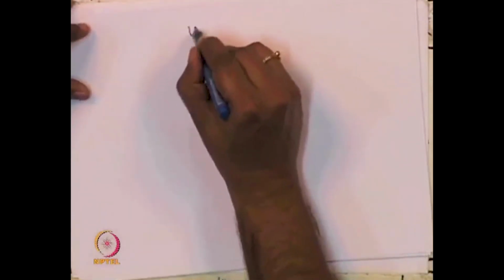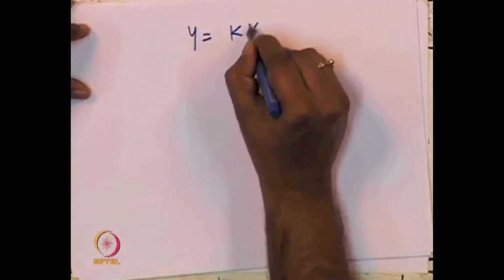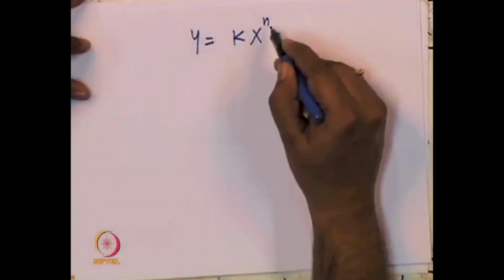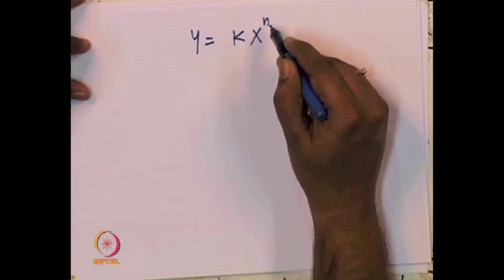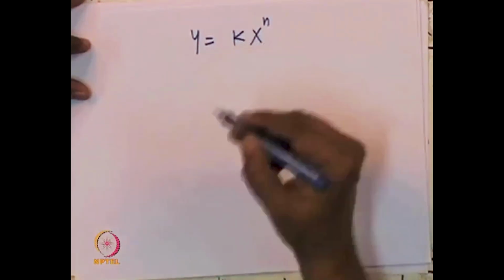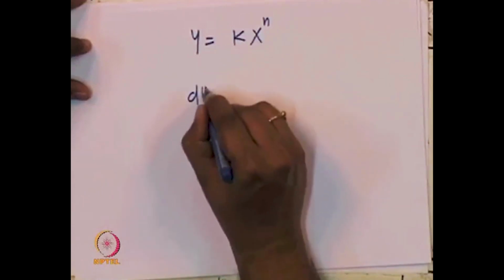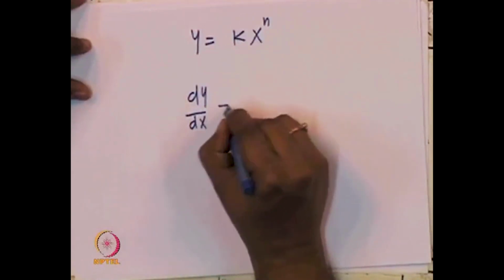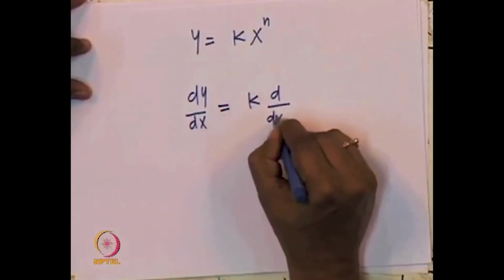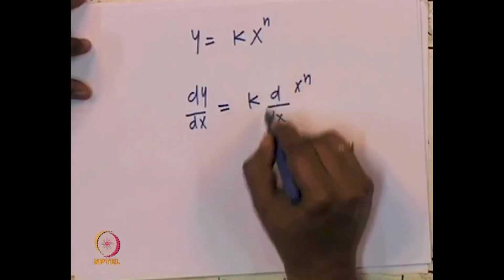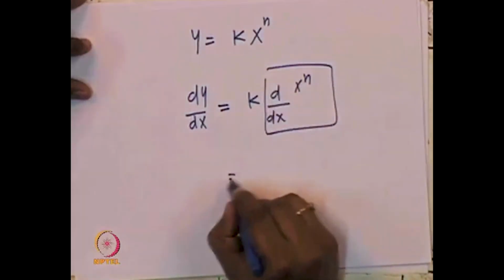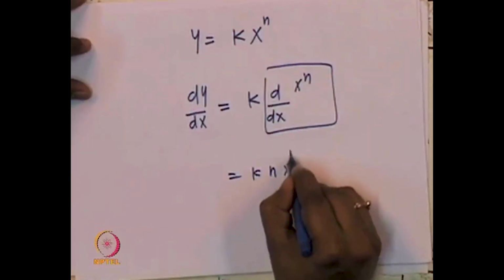Let us say y is in general k x power n, where k is a constant and n is a number, 1, 2, 3, 4, that we saw so far, and x is the variable. Then dy by dx turns out to be: you keep the k there and then d by dx of x power n, and we know what d by dx of x power n is. This is nothing but k times n x power n minus 1.